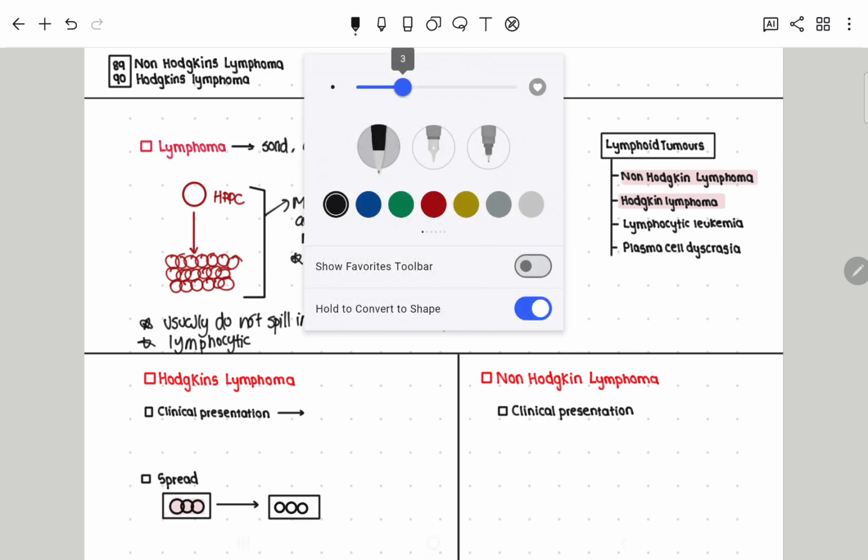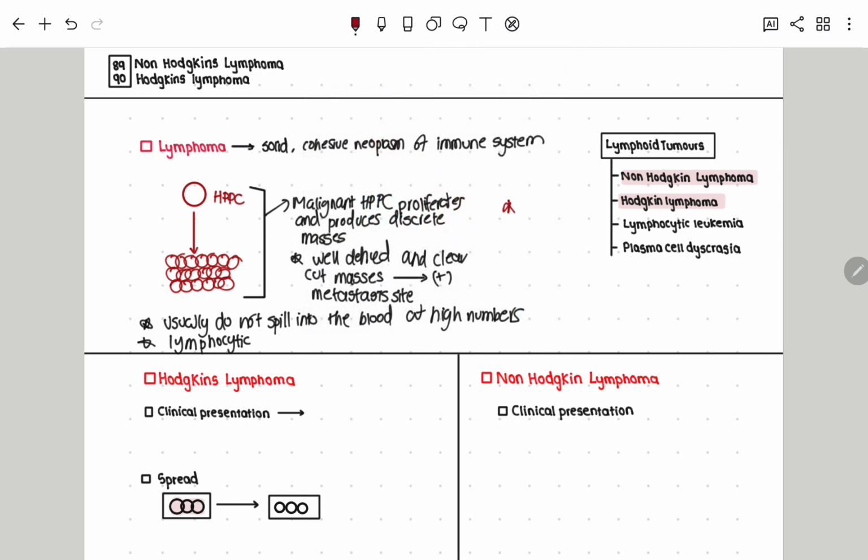Leukemias, as you would know from the previous questions, have diffuse cells that spill into the bloodstream in high numbers, and they can be both myeloid cells or lymphoid cells, whereas lymphoma is always only lymphocytic in nature. Right, and so that is just a basic overview of the difference between a leukemia and a lymphoma.